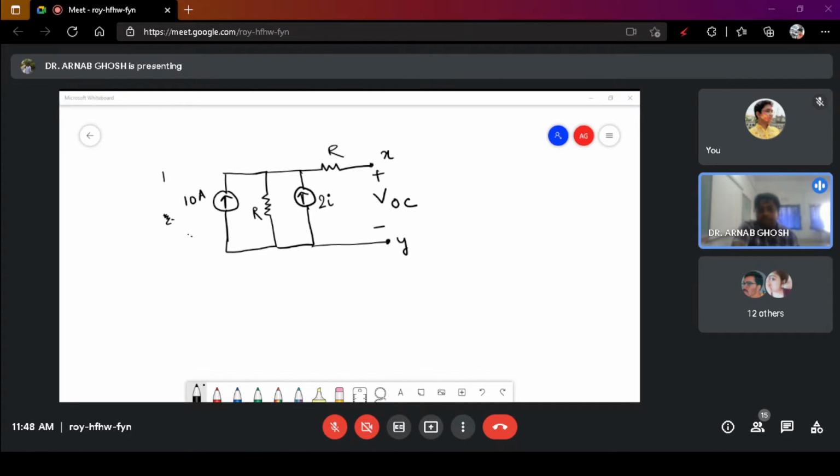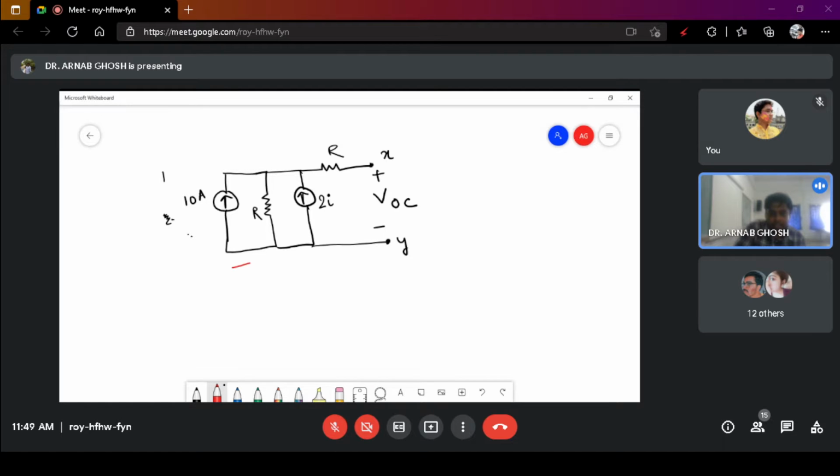If you remove this current source, what will the circuit look like? The circuit looks like this.